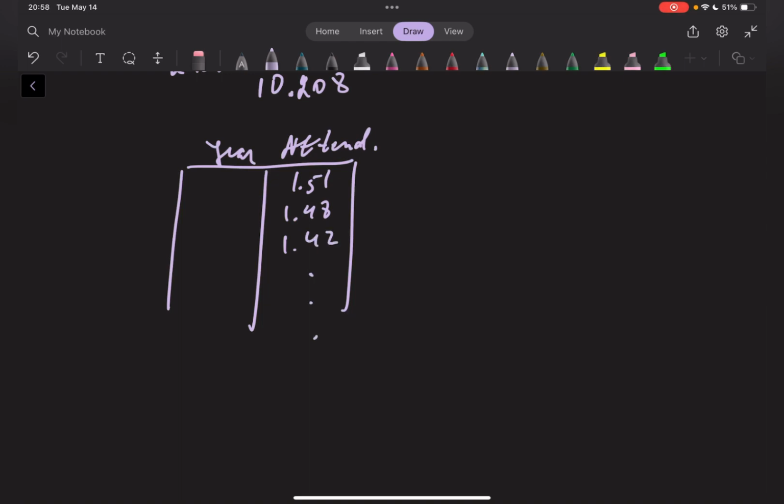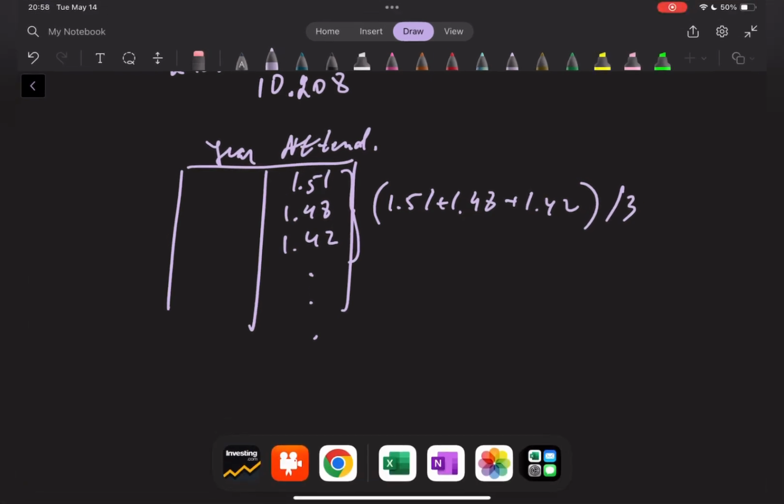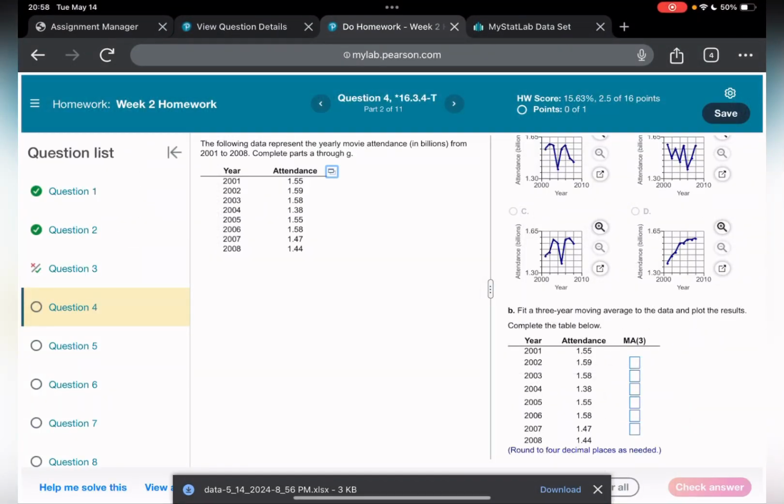So you are taking the first 3 because it's 3 years, and you add 1.51 plus 1.48 plus 1.42 and divide by 3, and that will be your answer. Let me see if I can do it with this one. No, I can't.